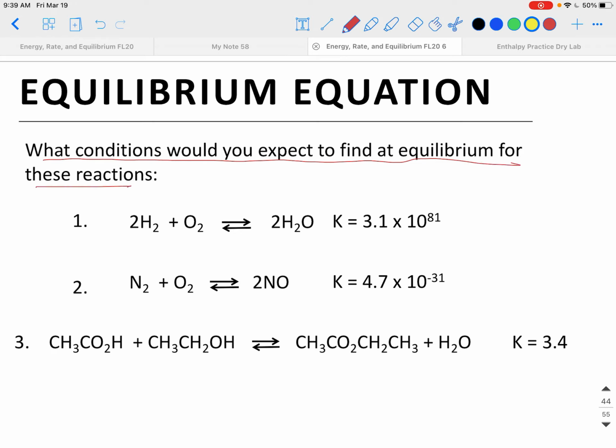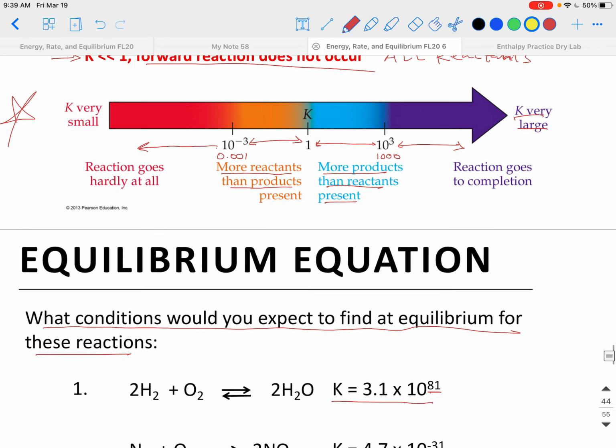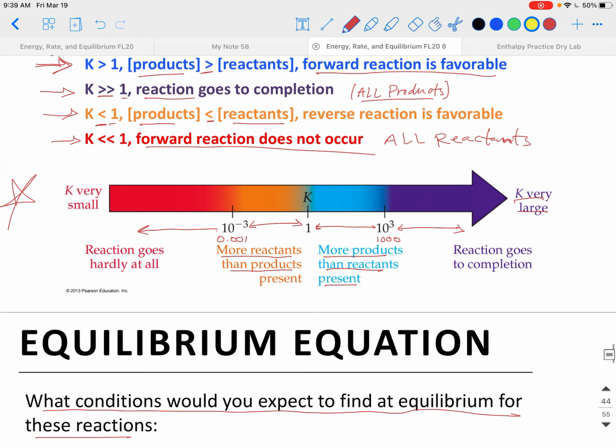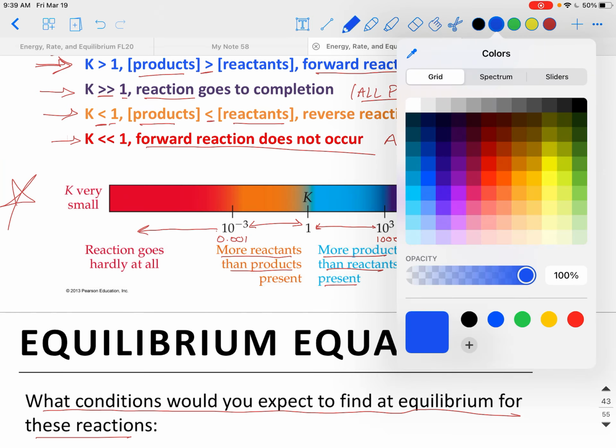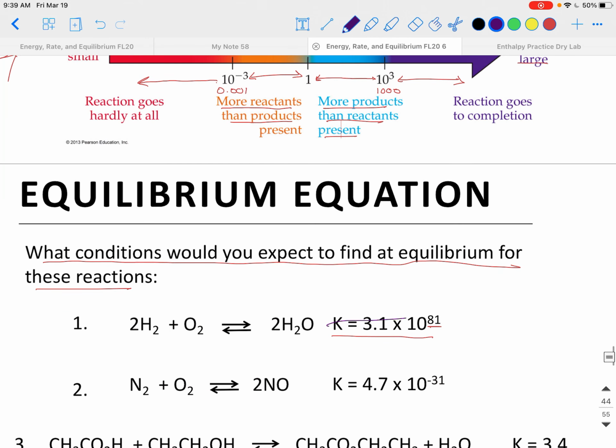Number one, we have hydrogen and oxygen gas making water, and my K, it's already calculated for you, 3.1 times 10 to the power 81. Holy moly, that's huge. This corresponds to the statement in purple, right? It's way bigger than 10 to the power of 3. I'm going to highlight this in purple.